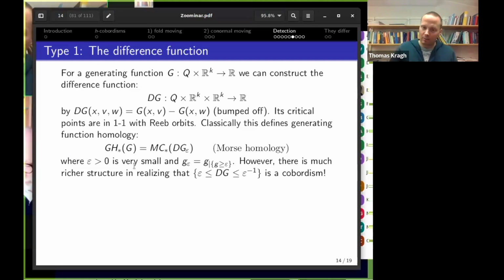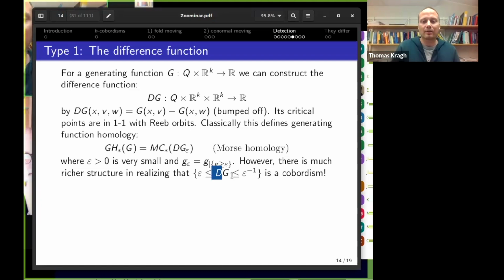But what I also want to point out is that you can get even more out of these things because they're not just spaces. They're actually cobordisms. They're a cobordism from this very large value to this very small positive value, and it's a cobordism that's standard at infinity. So with some repackaging, it looks like an element in partition space.